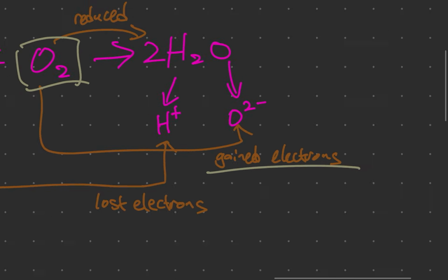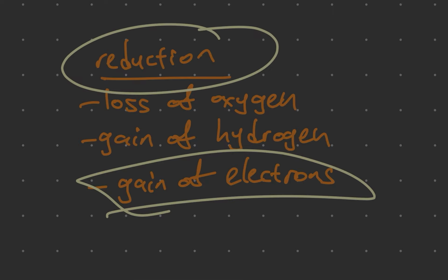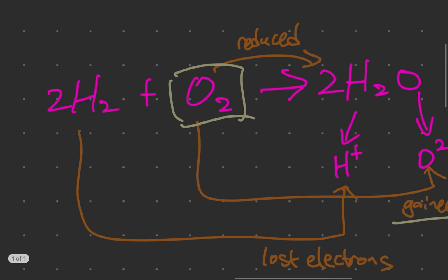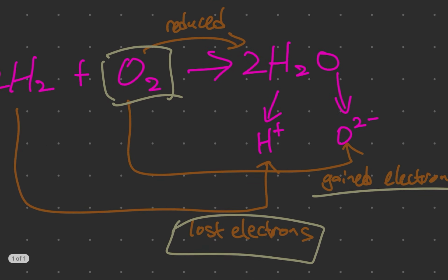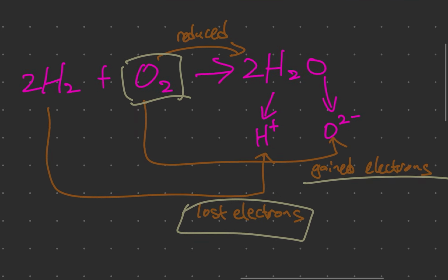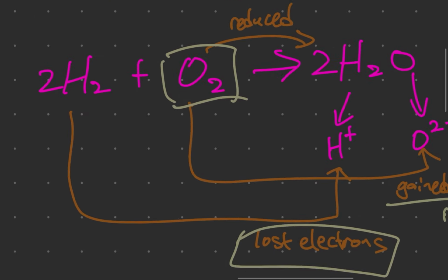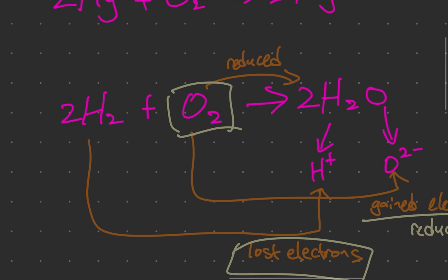Since oxygen gained electrons, and we know that a gain of electrons is reduction, and because hydrogen is the one who lost electrons, oxygen must have gotten the electrons from hydrogen. So therefore, gain of electrons is also known as reduction. That is why a gain of hydrogen will lead to reduction. Okay?